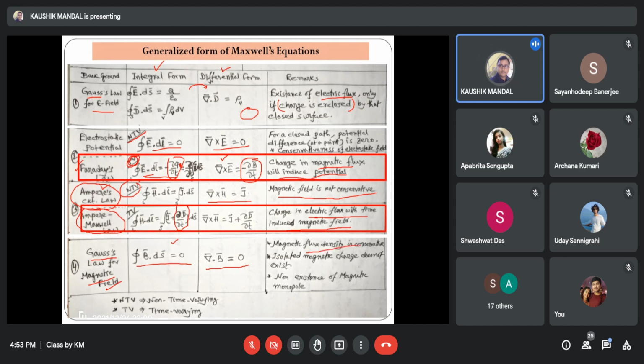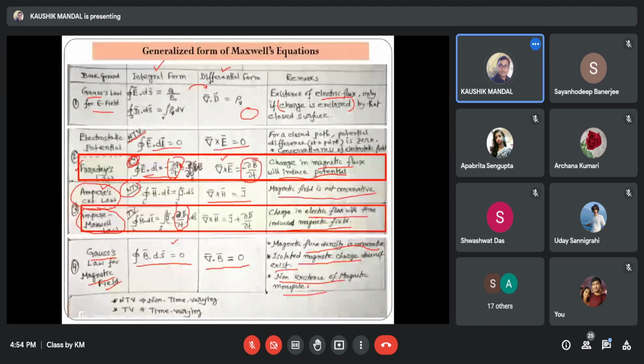So the magnetic flux is conservative in nature. And the second one is that isolated magnetic charge does not exist. That means non-existence of magnetic monopole.